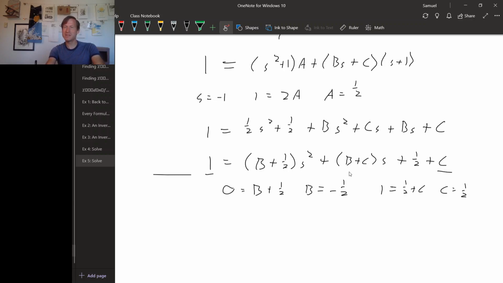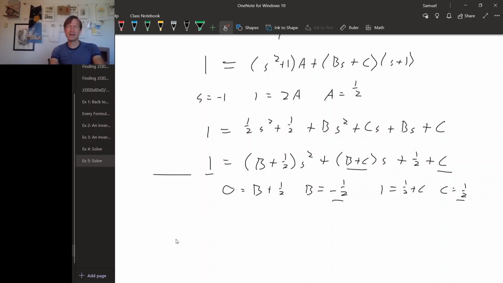And then it had better be the case that b plus c equals 0 because there is no s on the left-hand side, but b plus c is 0, right? There's no coincidence here. It had to be this way. If by equating coefficients we came up with equations that were inconsistent, that would be an indication that we made an algebra mistake somewhere.